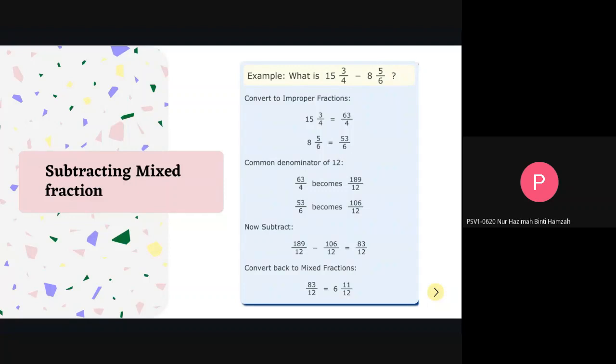So when we have changed the denominators to be the same, we can subtract. So 189 over 12 minus 106 over 12 equals 83 over 12. When we get the answer, we have to convert it into a mixed fraction, which is 83 over 12 equals 6 11 over 12. Okay.